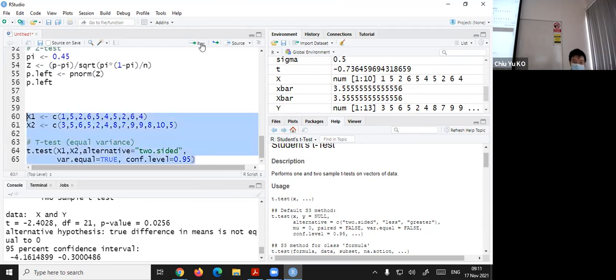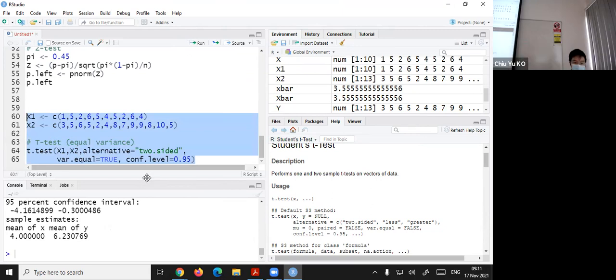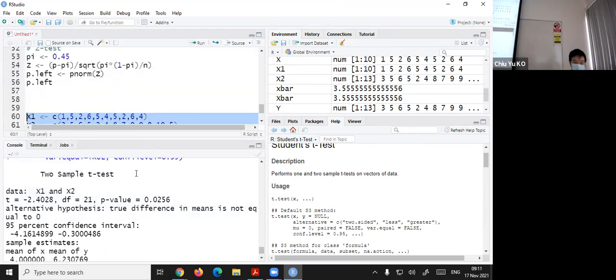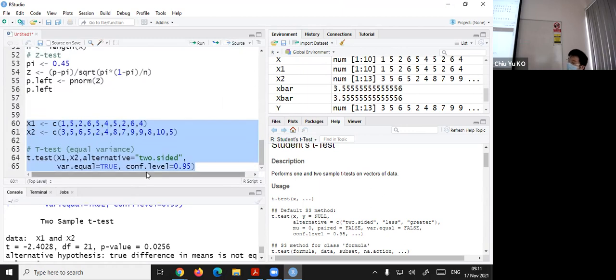So let's do this again. The same thing happened. So that's a two-sided test. And the p-value is here.